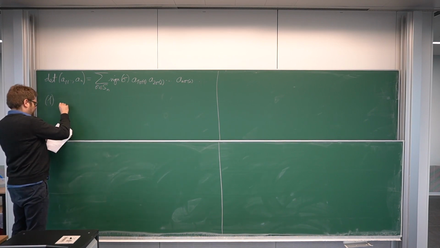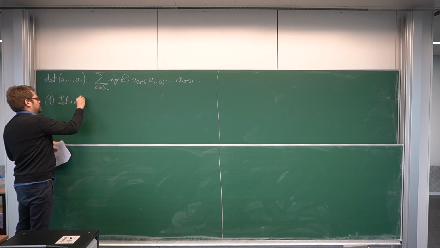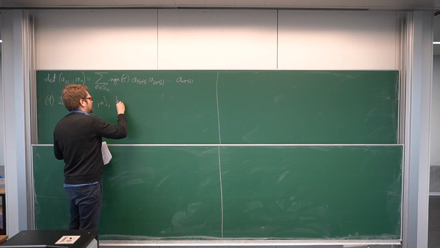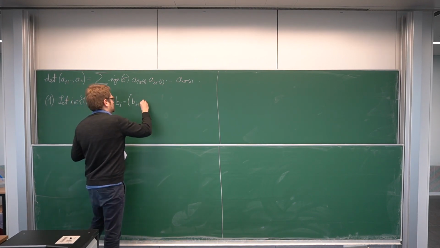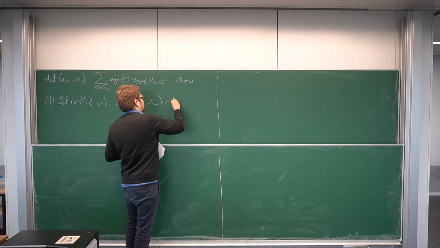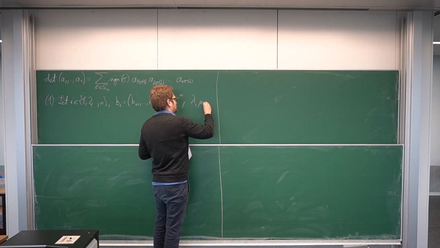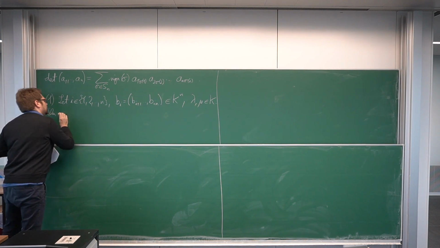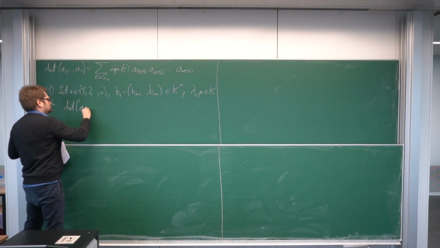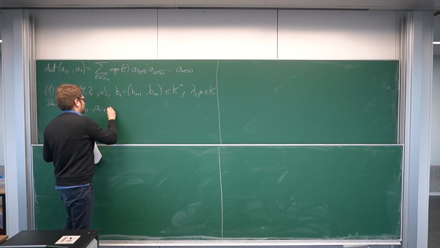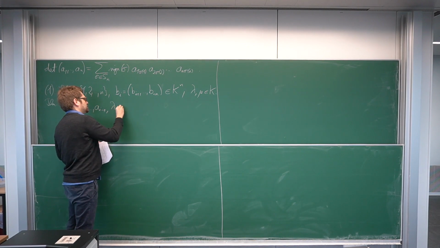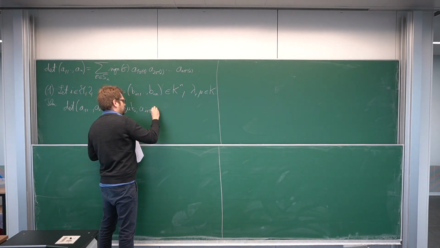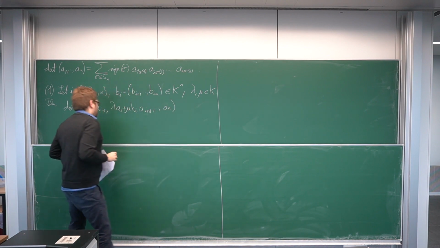Now, if we take a1 to an, I consider now as fixed, that i be between 1 and n, and that bi with components bi1 to bin be another vector in K^n, and that lambda and mu be elements of the field K. Then the determinant of a1 to ai minus 1, and now we need to check that if we put in the ith component this linear combination, lambda times ai plus mu times bi, and leave the rest as ai plus 1 to an. So what does this mean?